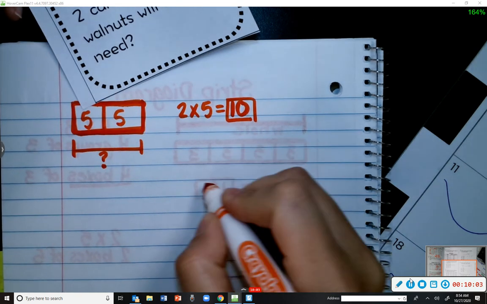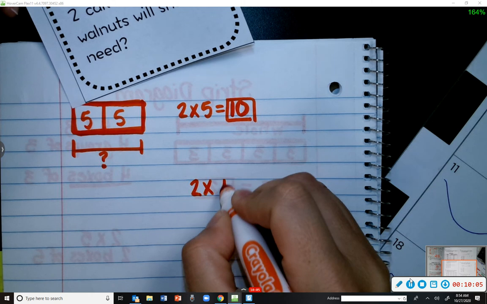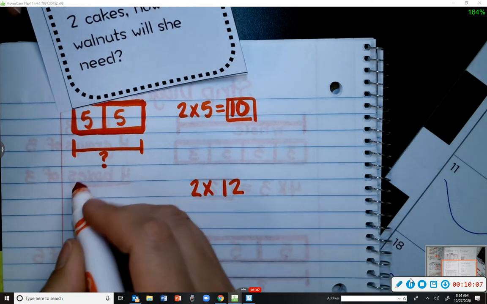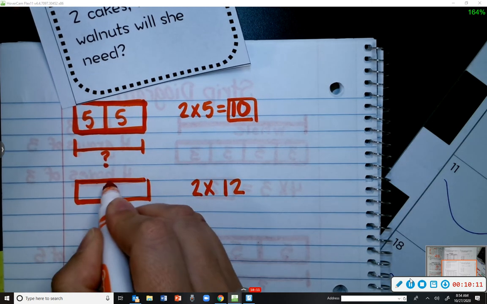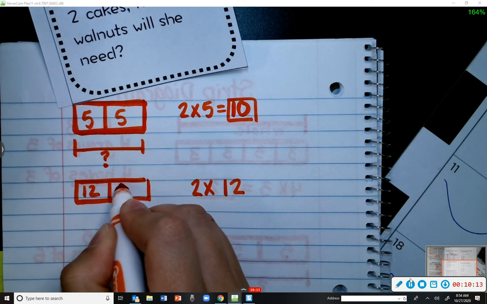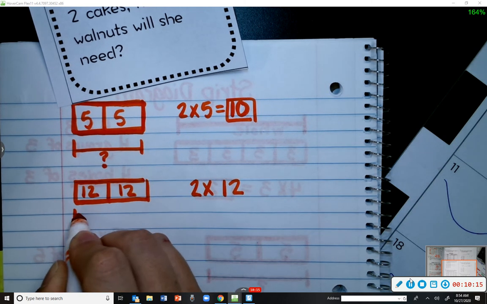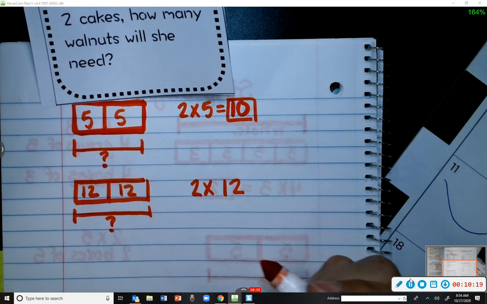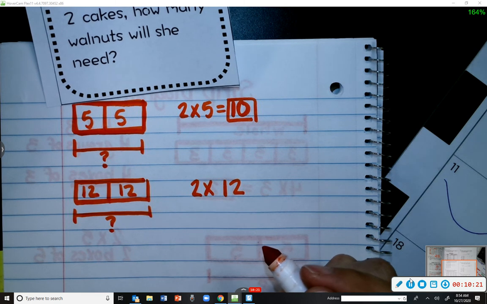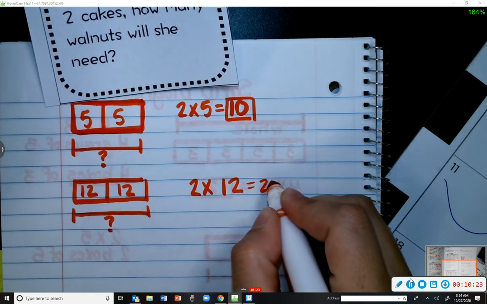Does that sound like 2 groups of 12? Yes. So we would draw 2 boxes with 12 in each. Then you have this missing total at the bottom. And what would it equal? 24. Good.